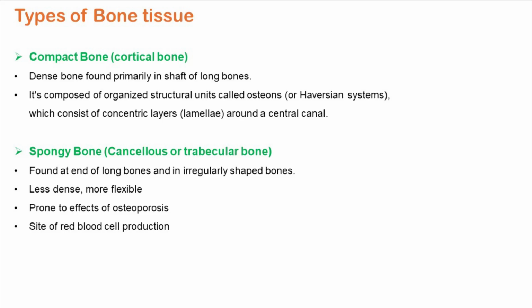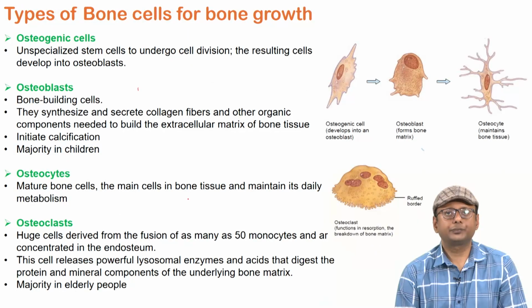Spongy bone is also called cancellous bone. So what is the difference between compact bone and spongy bone? Compact bone is dense bone found primarily in long bones, like the shaft of long bones. It is composed of organized structural units called osteons.